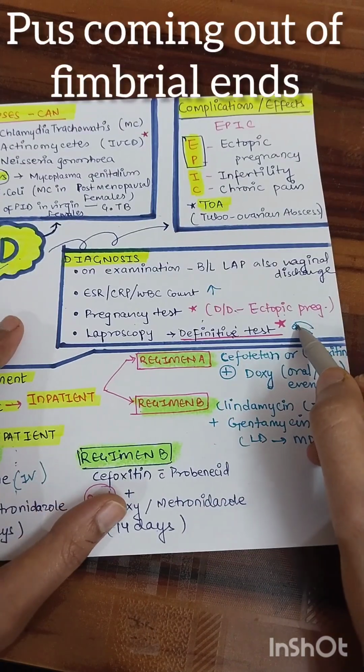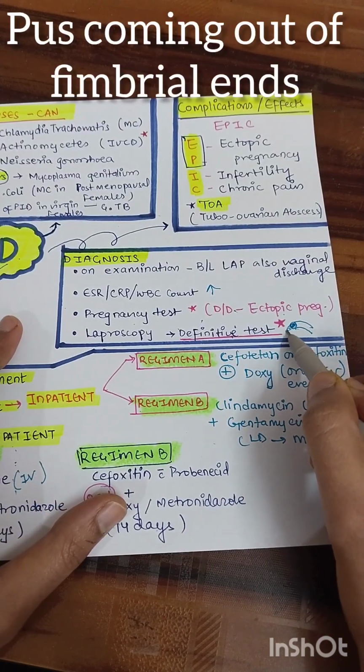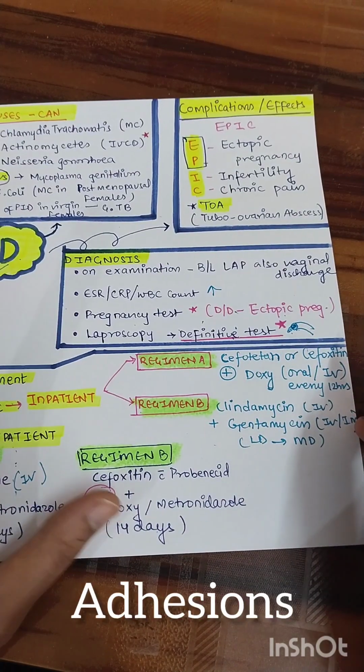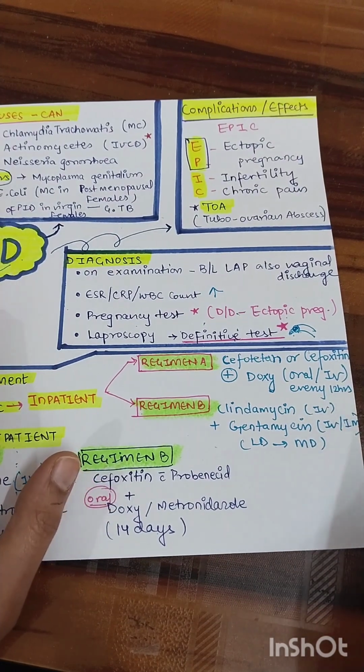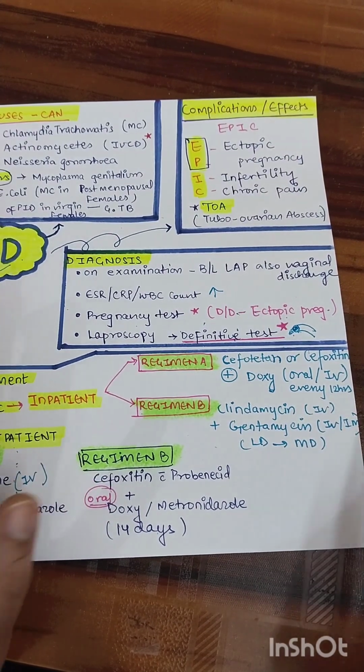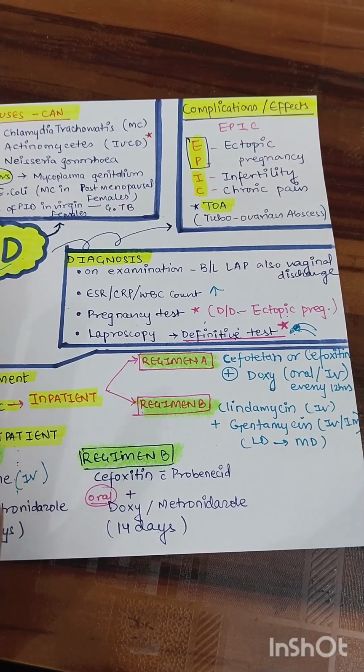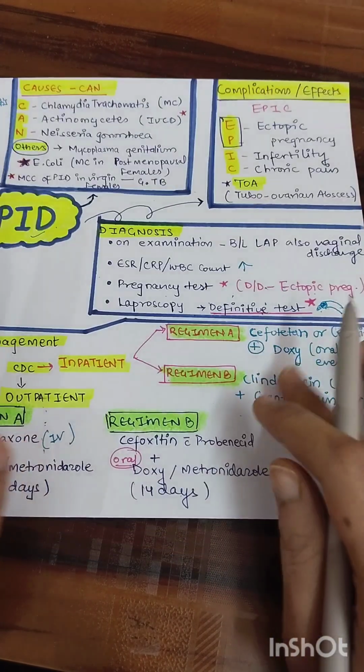You will see pus coming from the fimbrial end, which is a definitive sign of PID, pelvic inflammatory disease. Other than that, maybe you will see hyperemia and edema of the fallopian tubes, adherent tubes, like that.